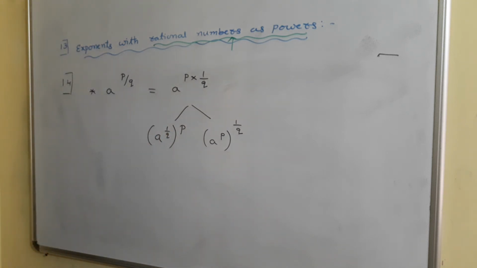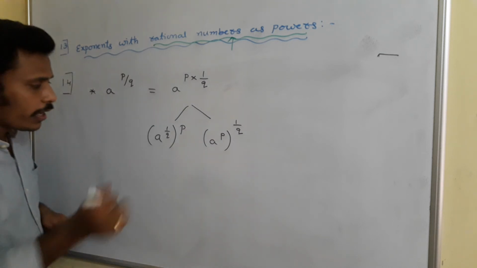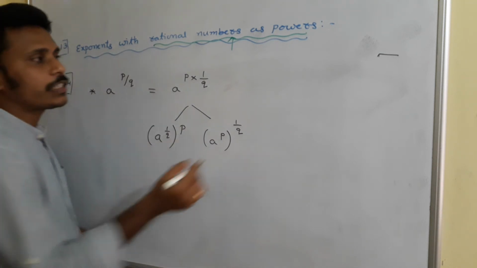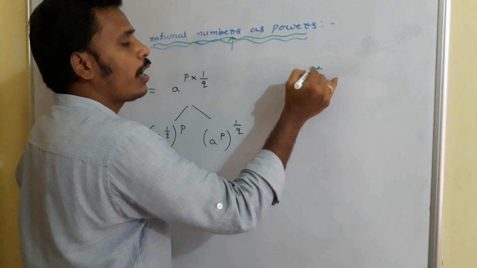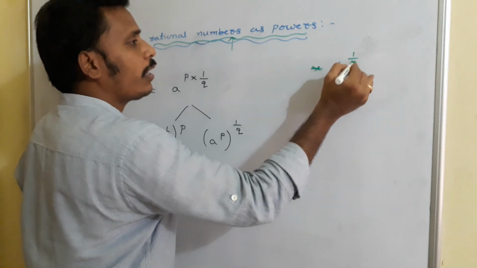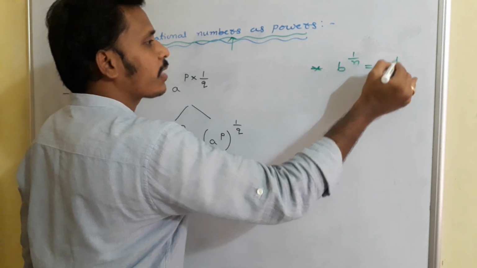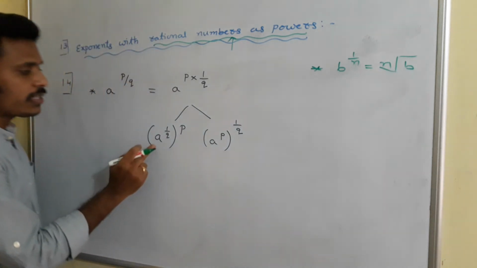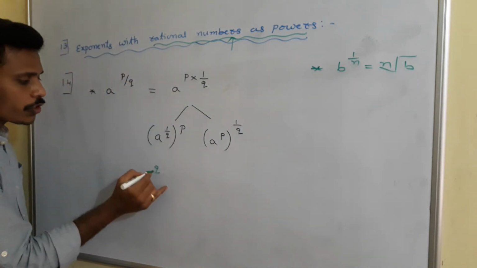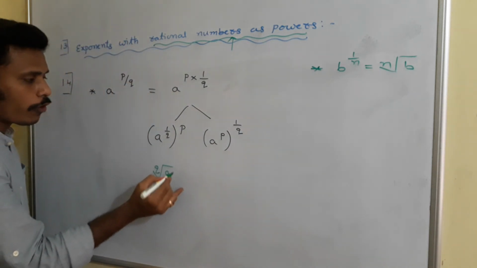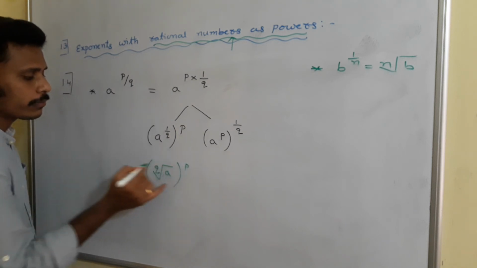And now, you just observe this. A power 1 by q. As we discussed in 13a, always we have a chance to write b power 1 by n as nth root of b. And since here a power 1 by q, you just rewrite it like qth root of a to the power p.